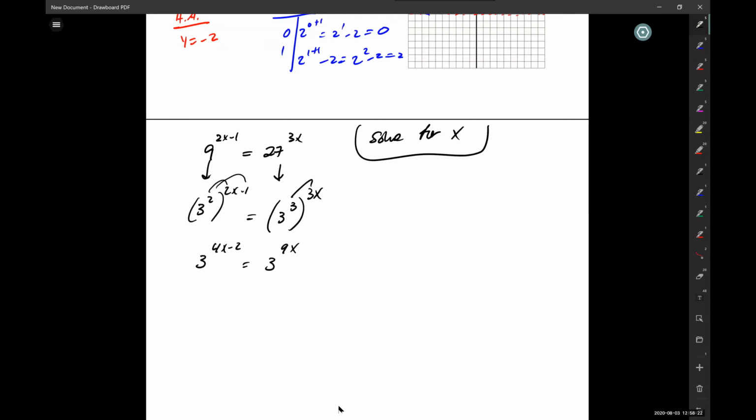And once it's in a common base, we can drop the base entirely and just look at the exponents: 4x minus 2 equals 9x. Now we just have a very simple linear equation to solve. We're left with negative 2 equal to 5x, and dividing out, we get x equals negative 2/5.